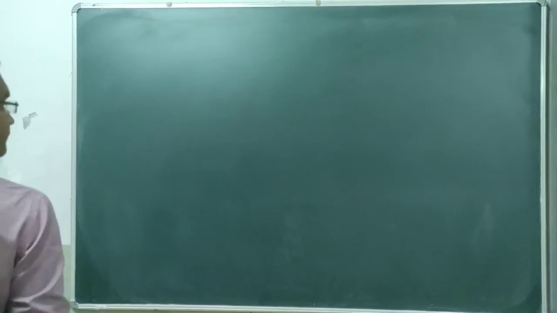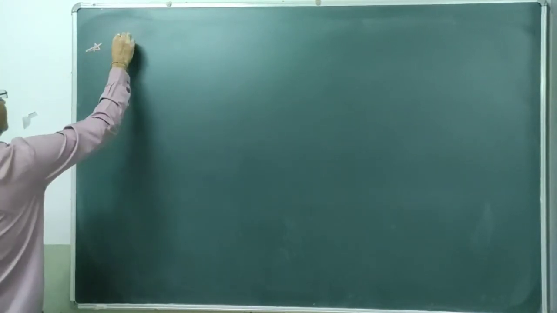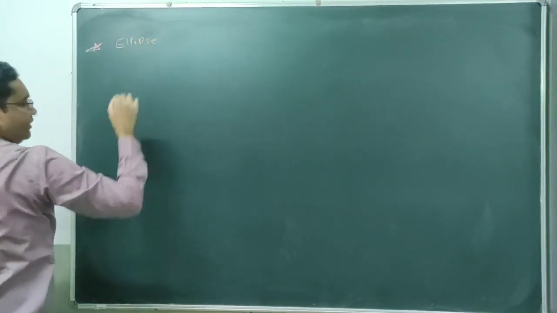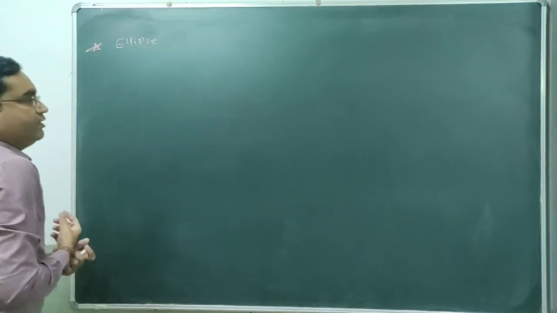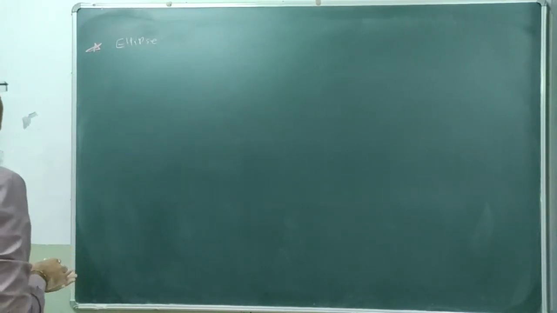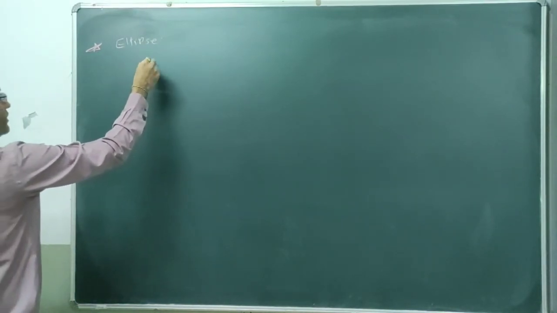So now, what we have studied in ellipse, let's summarize our important concepts. So in case of ellipse, two possible cases are there. So first we'll write down the equation of ellipse. So two types are there.